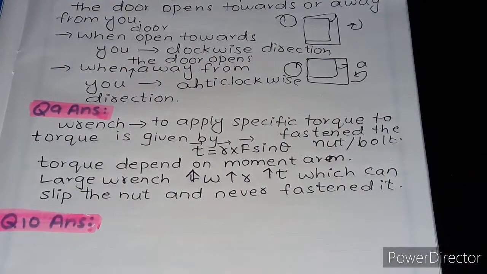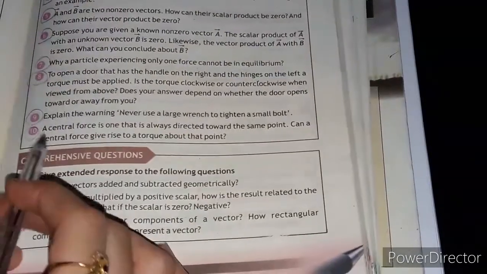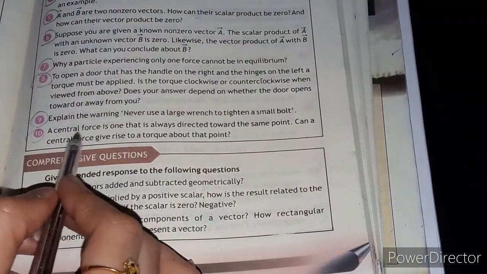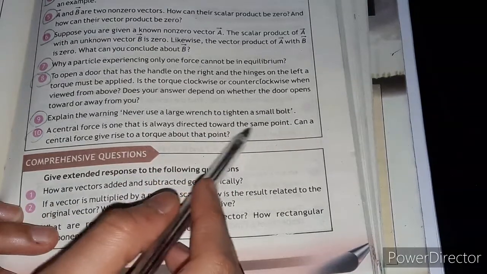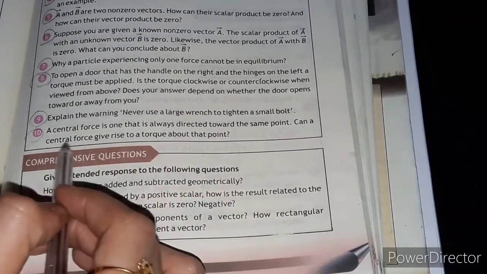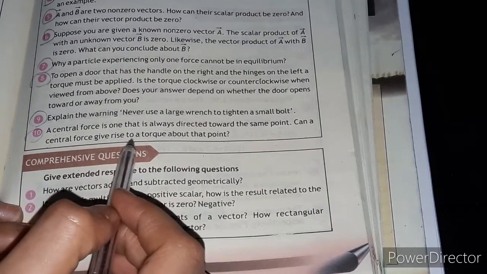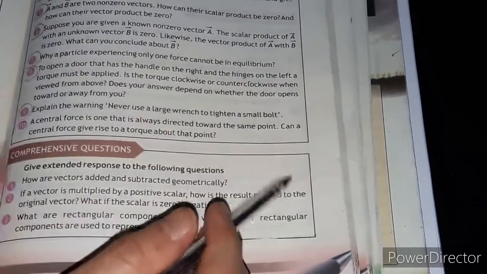Question number 10 is, the central force is one that is always directed towards the same point. Can the central force give rise to the torque about that point?